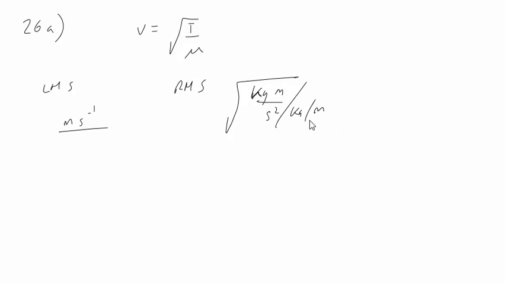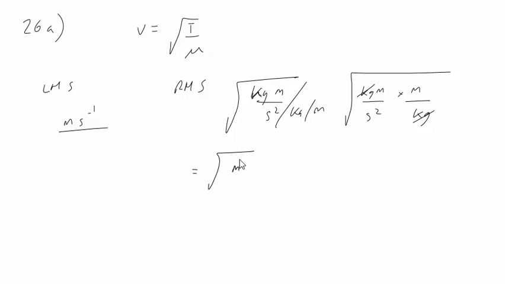Okay, dividing by a fraction, you multiply by the inverse of the fraction, so we can say that is the square root of kilogram meters per second squared times meters over kilograms. Then the kilograms cancel and we end up with the square root of meters squared per second squared. This is just meters seconds to the -1, as required.